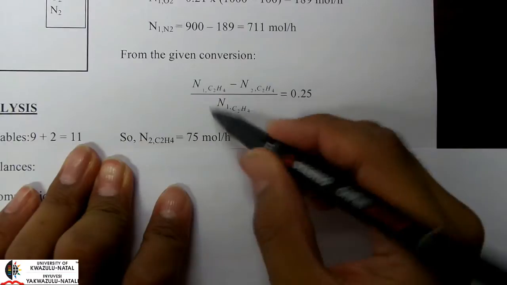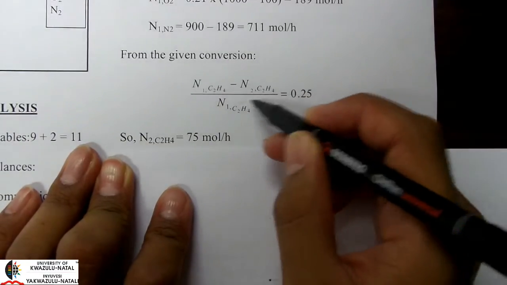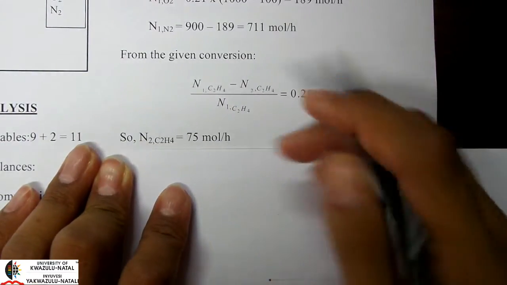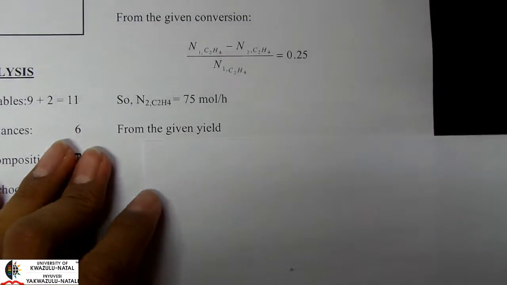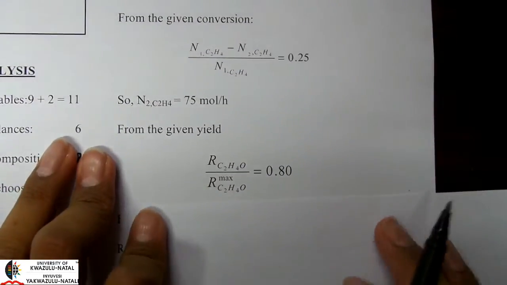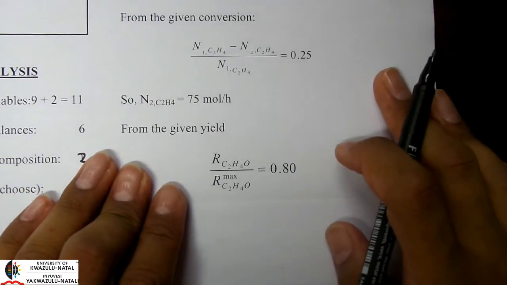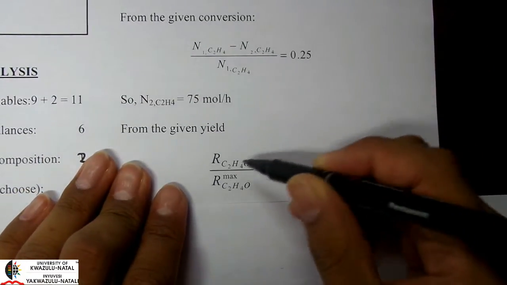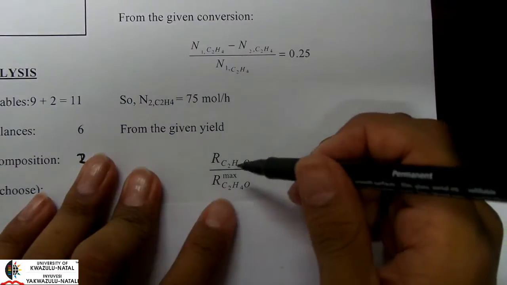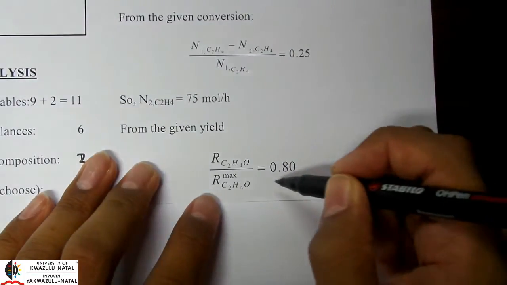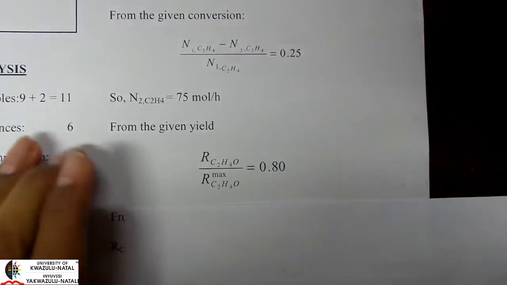Since we know what the input is, we can of course get the output, and that's calculated to be 75. And the yield of oxide from ethylene is stated to be 80%. So we have our production rate of oxide over our maximum production rate, and that's 80%.